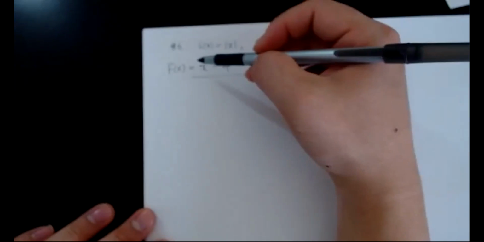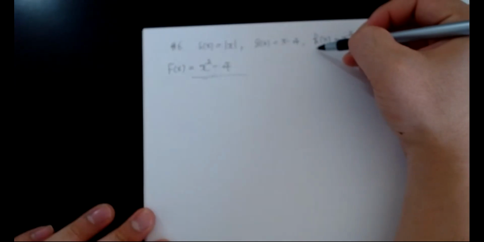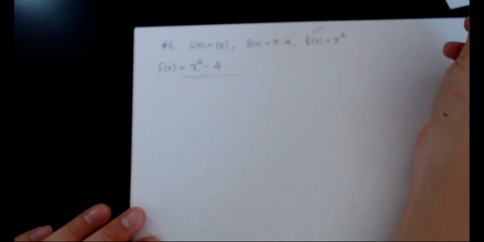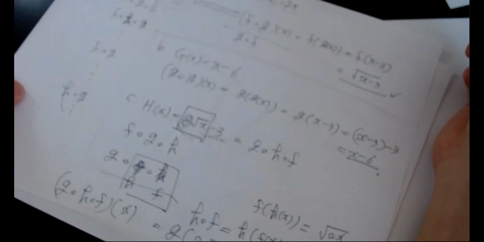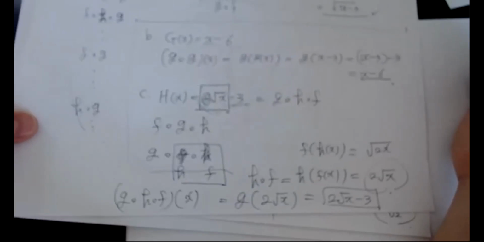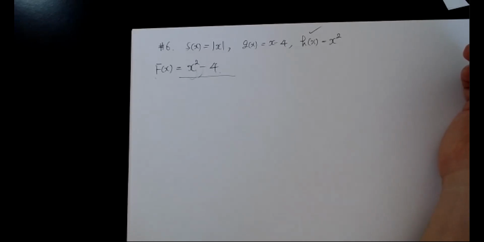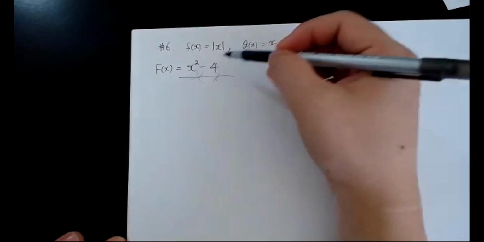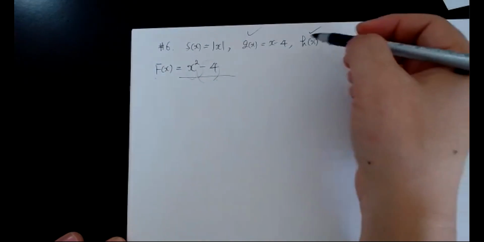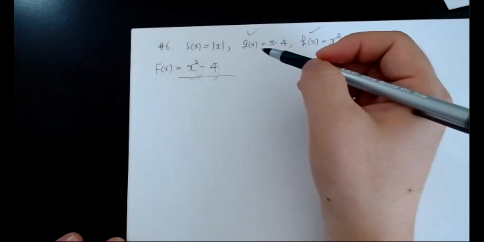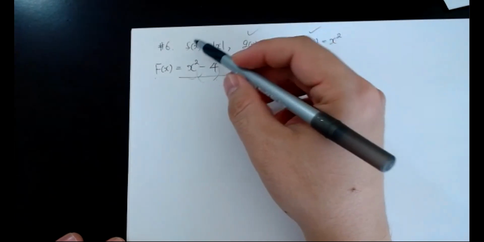So see, x squared is involved, right? So h must be involved, which is the square function. Give me a second. And then minus 4, so g must be involved. I don't see absolute value, so I don't think f is involved.